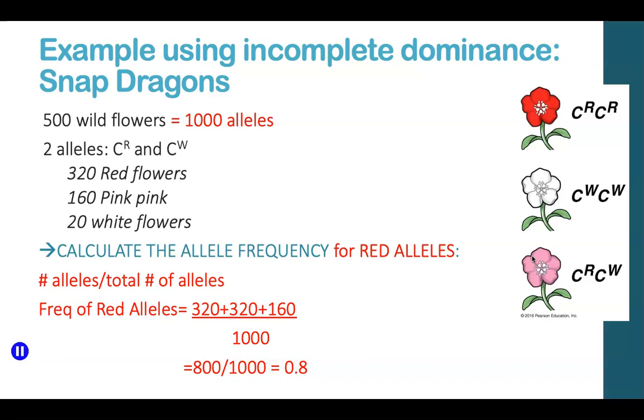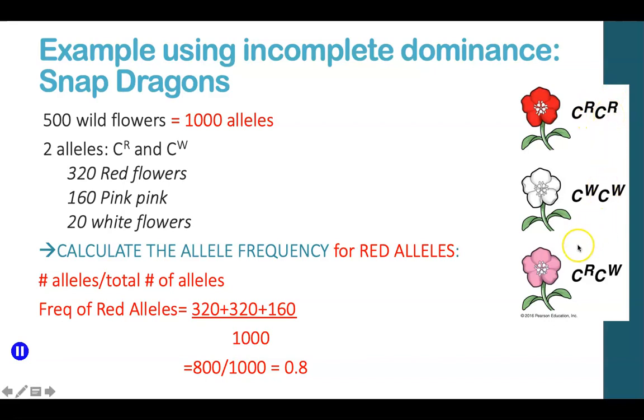We already calculated the total allele as 1,000. Now we need to know the total number of red alleles. So our individuals that are red flowers have 2 copies of the red allele. So within the red flowers, we have 320 red alleles and 320 more alleles.